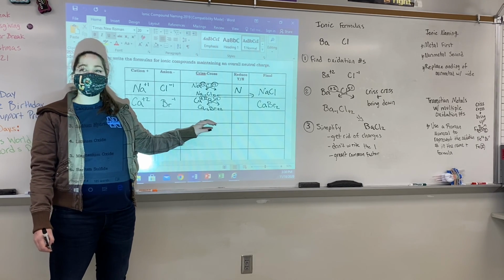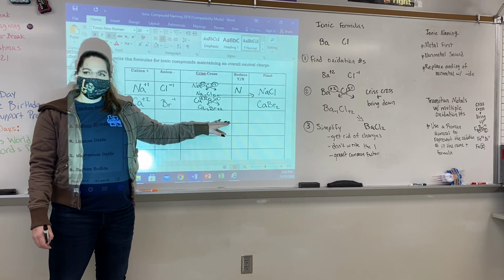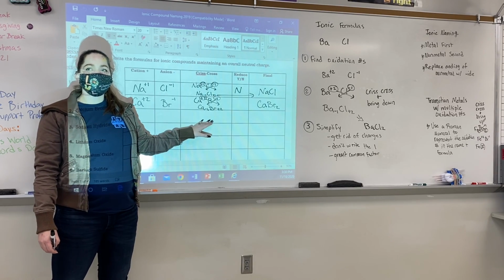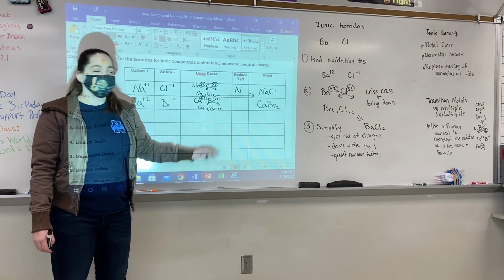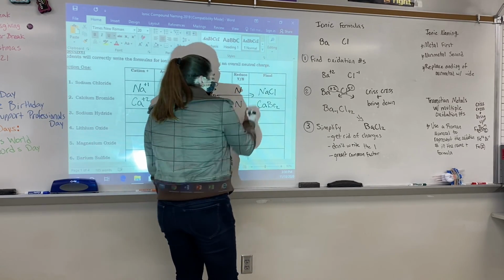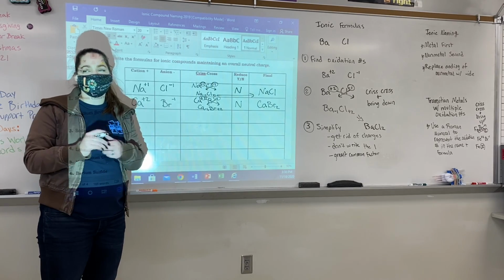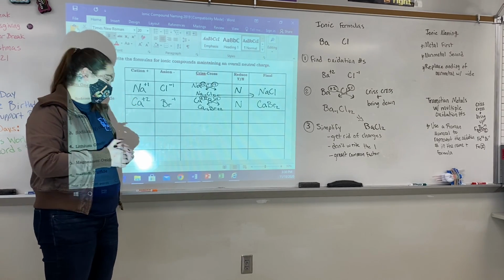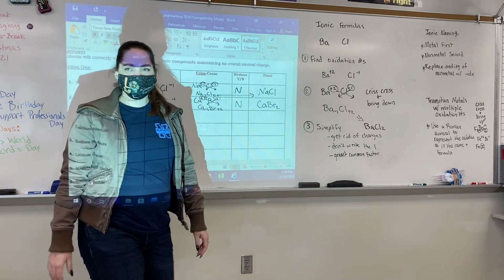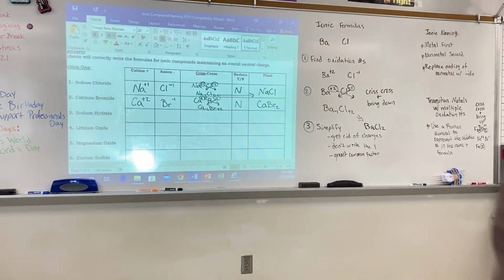It's a common denominator. So can you reduce 1 and 2? No, you cannot reduce 1 and 2. I don't know how else to explain it, I'm sorry. All right, we'll work on it more tomorrow.